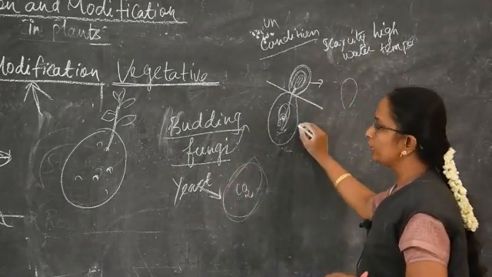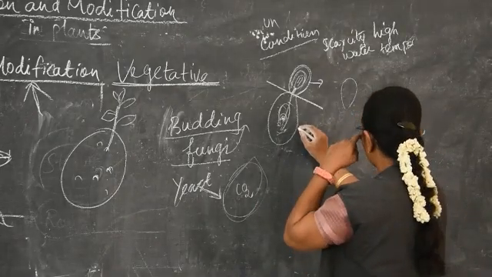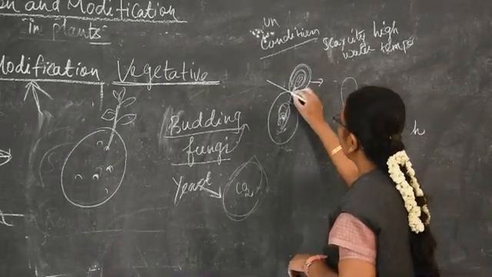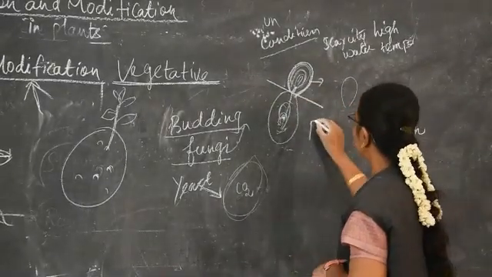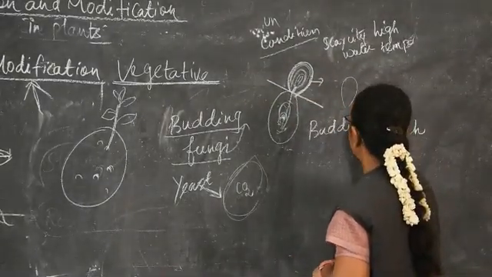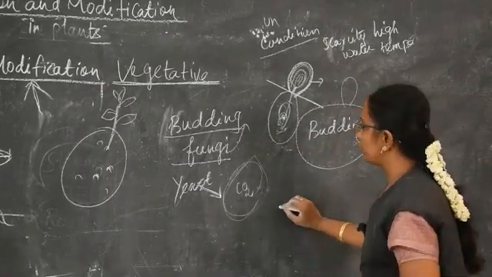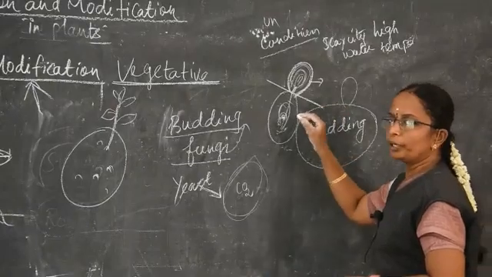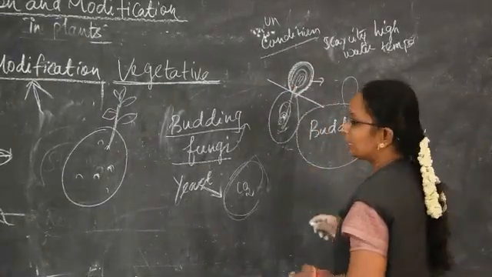So this is one of the vegetative reproductions found in unicellular organisms. So yeast develops through budding. This method is known as budding, vegetative reproduction without the involvement of sex organs. During unfavorable conditions, they develop some bud-like structure.